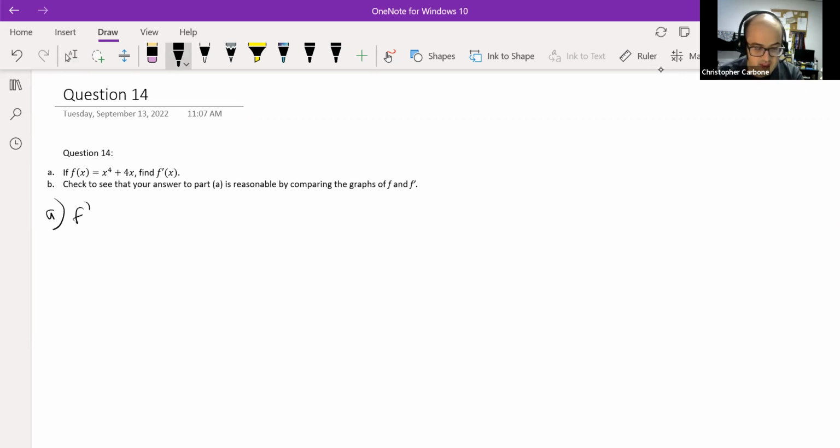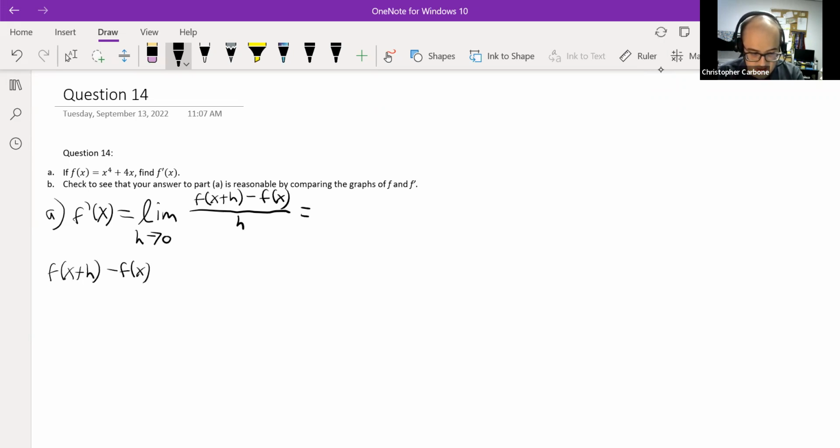So f prime of x is, by definition, the limit as h approaches 0 of f of x plus h minus f of x, all divided by h. And let's do the work for that down here. f of x plus h minus f of x, all divided by h.